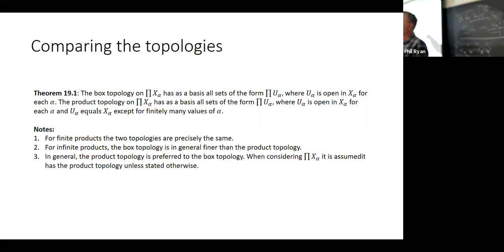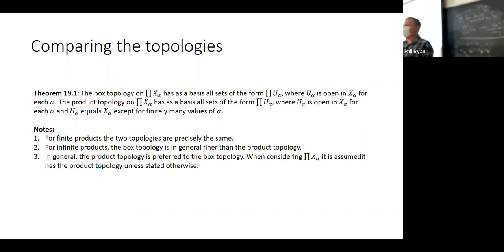So for example, the last theorem we're going to look at today says that a function into the product topology is continuous if and only if its coordinate functions are continuous. That's the kind of theorem that you want.